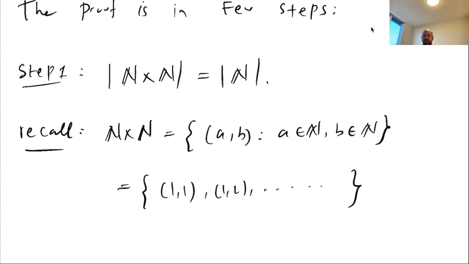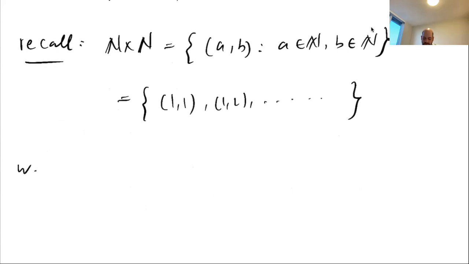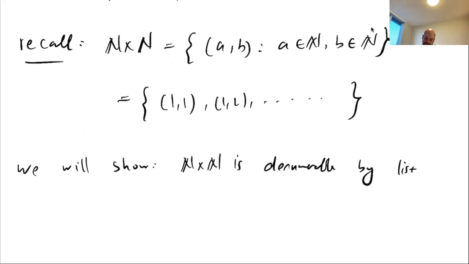Okay, how can I show that N cross N is denumerable? I want to show this by listing the elements of N cross N. Listing elements means, as we did in the previous example or property, which one is the first element, which one is the second element, and so on.